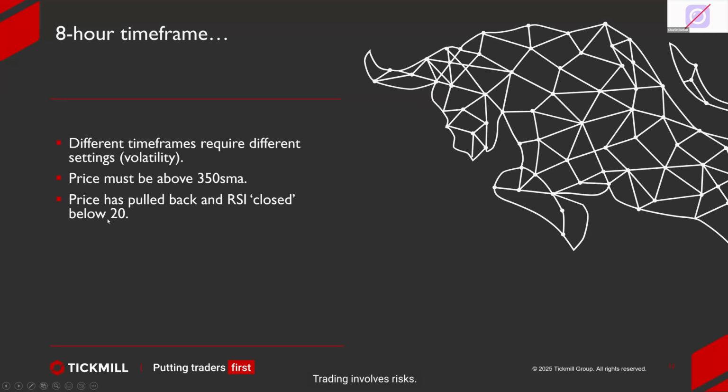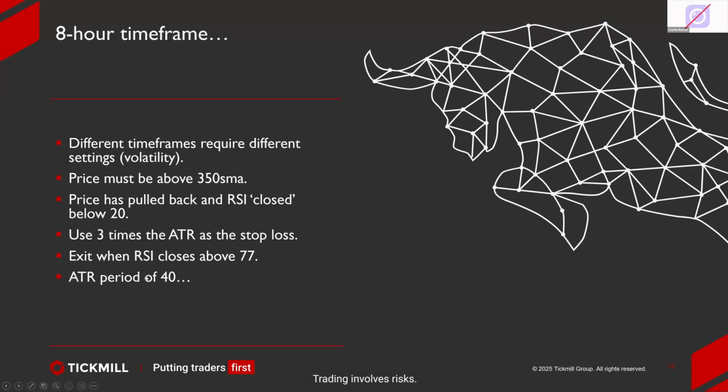The stop loss is 3 times the average true range. Exit when the RSI closes above 77. And the average true range period is now 40 on the 8-hour chart, not 30, which is what it was on the daily. Again, I would encourage you to take a screenshot of this. It will give you a template that you can then adjust. So please do take a photograph or a screenshot before I move on.